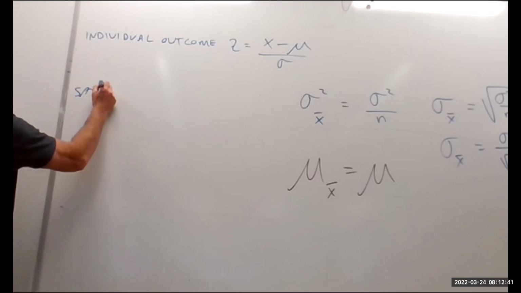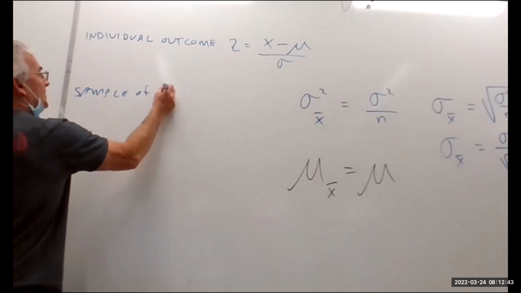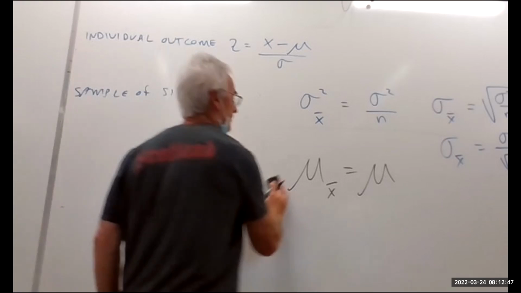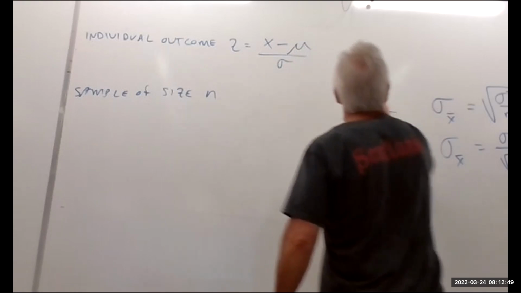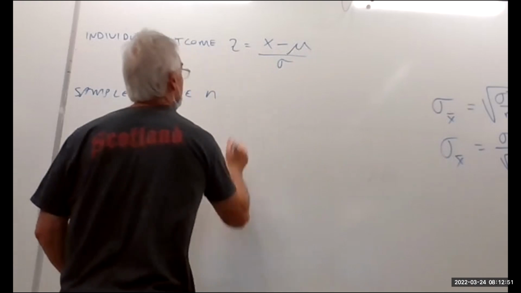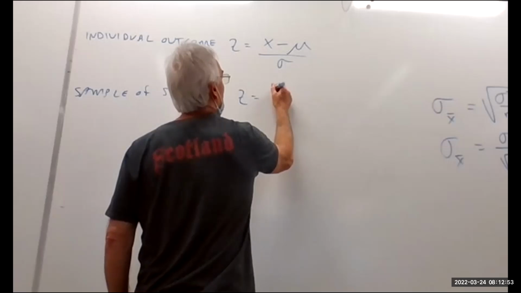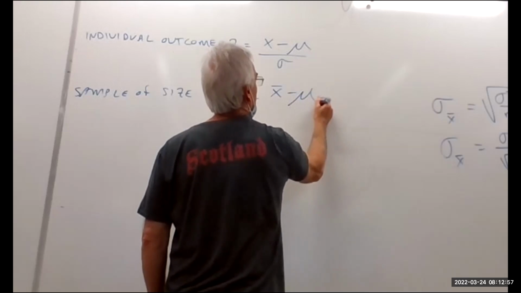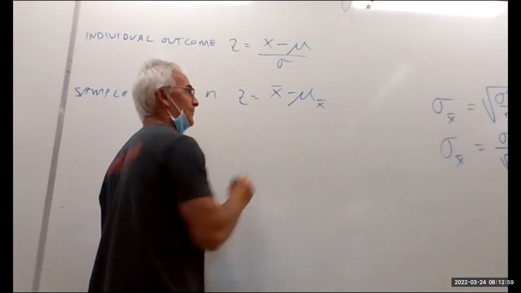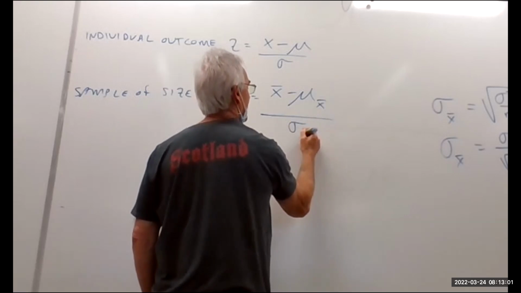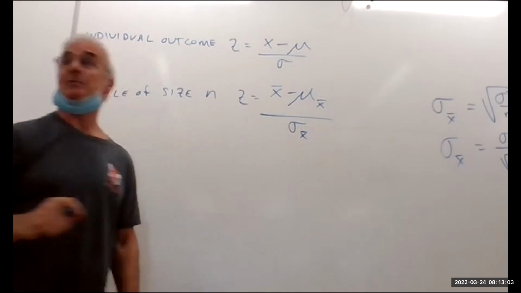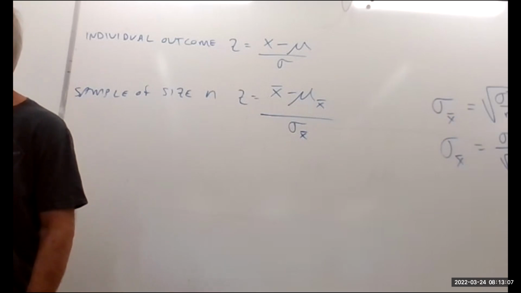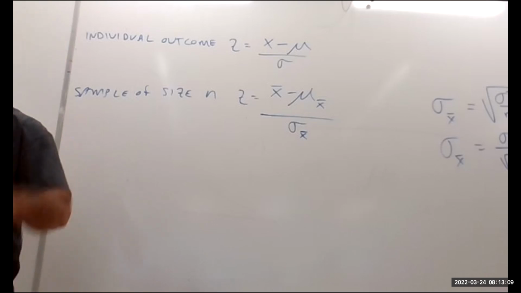For a sample of size n, Z is equal to the sample mean minus the mean of the sample means over the standard deviation of the sample means. Okay. Is it basically the same formula? Yeah, but instead of one value, I have a whole bunch of samples.